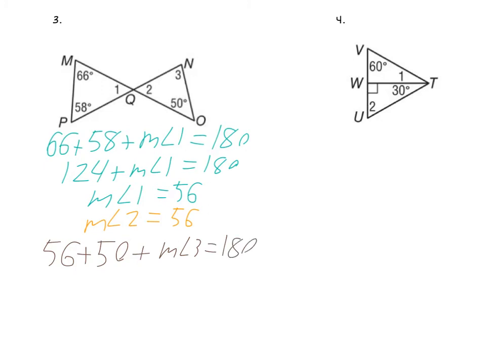We're going to combine our like terms. 106 plus the measurement of angle 3 must be equal to 180. Subtract 106 from both sides. The measurement of angle 3 must be equal to 74. And now we have found the measurement of angle 1, the measurement of angle 2, and the measurement of angle 3, all from knowing that the internal angles of a triangle are 180.